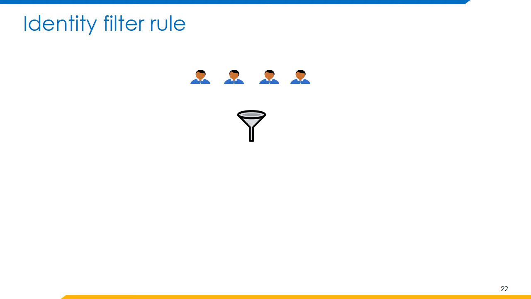It is a rule of type identity selector rule. An identity filter rule shall be run for every account that is present with the application. This rule shall be passed two main variables: identity, which is the identity under consideration; role name, which is the role applicable for this identity.